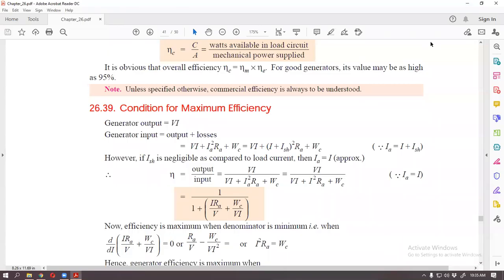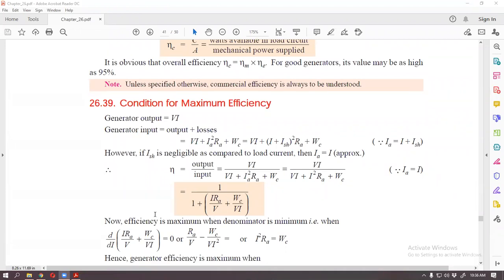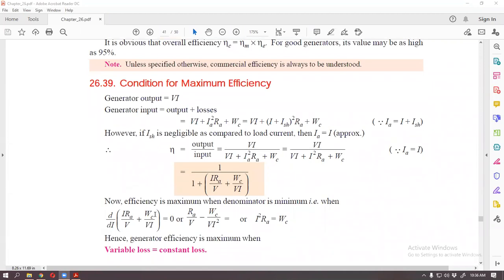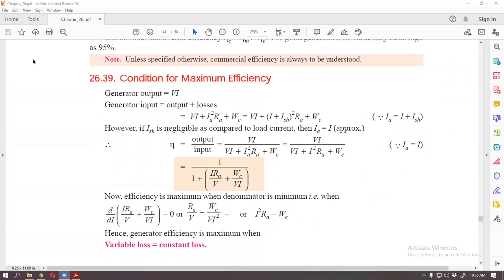This is the very important part. Condition for maximum efficiency. Okay, just wait.